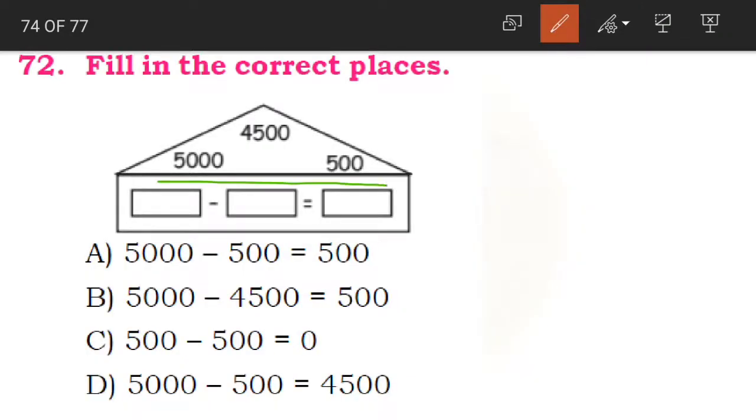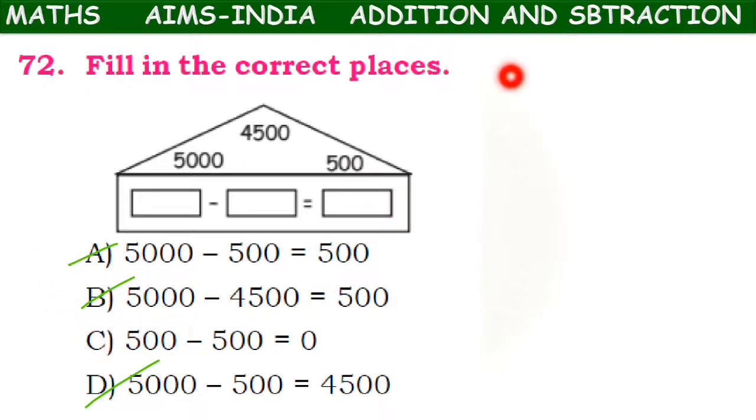So from the given numbers, which is the largest number? 5000. So 5000 becomes our minuend. Now look at the options. We have A, B and C. From these 3 options we should find out which is the correct answer.